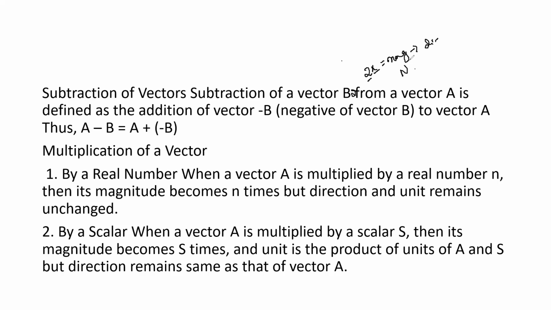Okay, then next, by a scalar: when a vector A is multiplied by a scalar S, then its magnitude becomes S times, and the unit is the product of the units of A and S, but the direction remains the same as that of vector A.